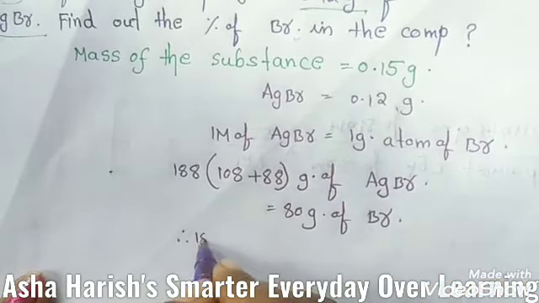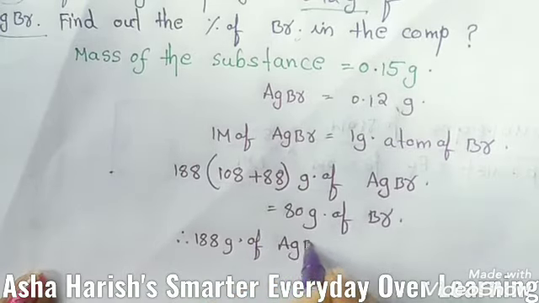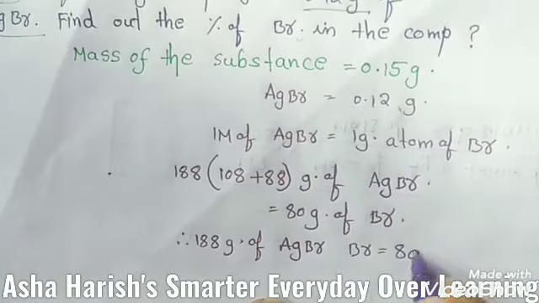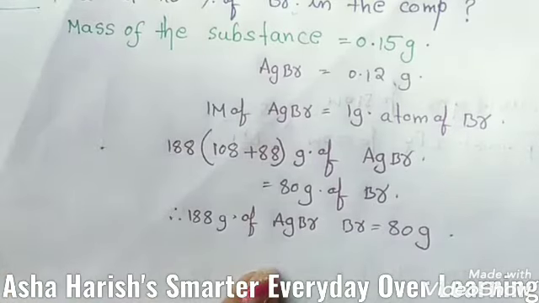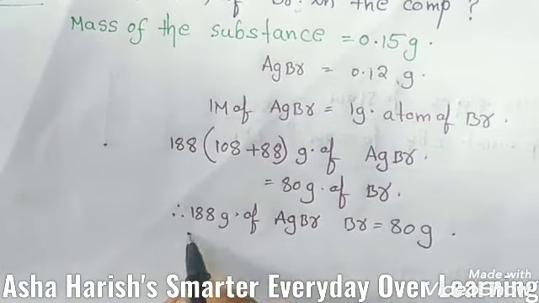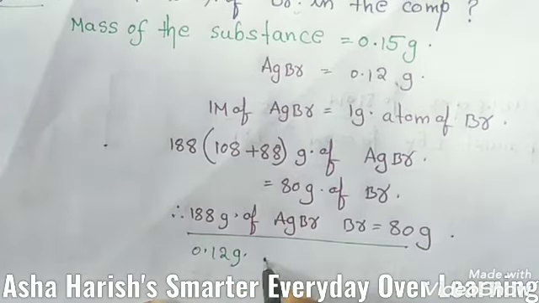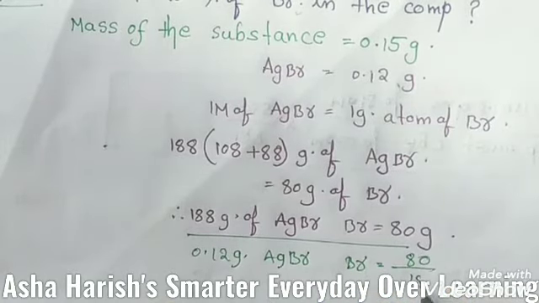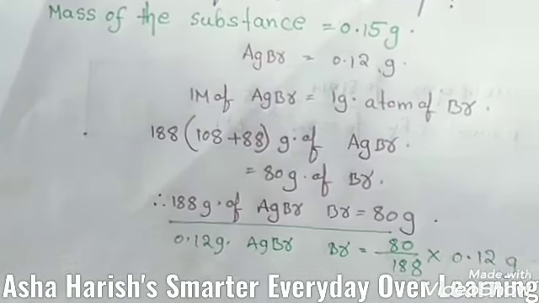Therefore 188 grams of AgBr contain the bromine is 80 grams. Right. And basing upon this, 0.12 grams of AgBr will contain the bromine is 80 by 188 into 0.12 grams.